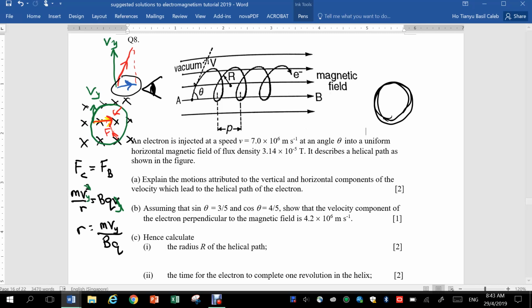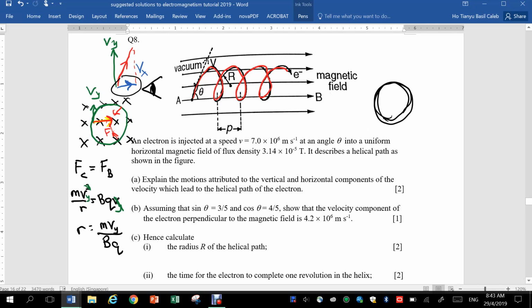If you look from the side, this is what we see. It's a circle that's being traced out, but it's moving further and further away from the eye. And that's what the horizontal component Vx does. It brings the charge further and further away from the eye.